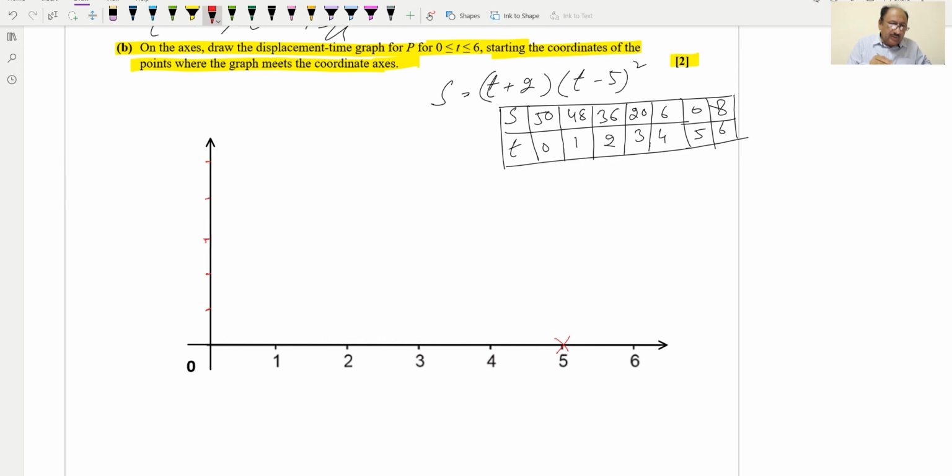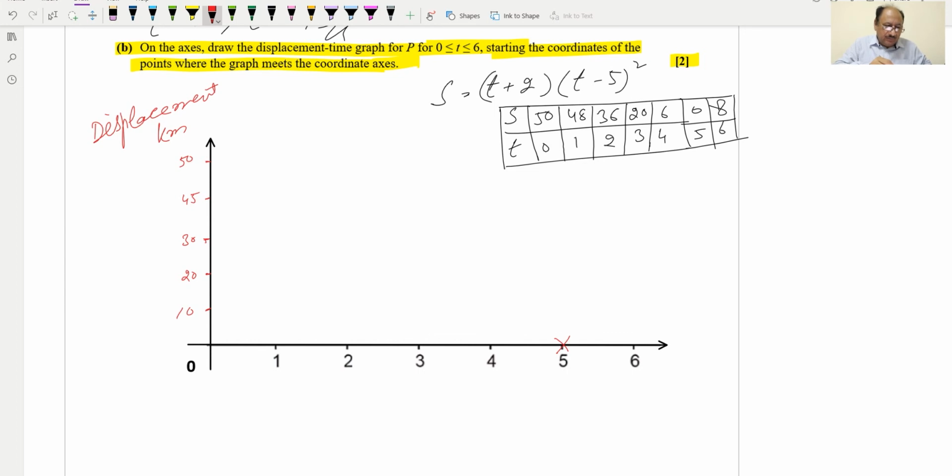We can take this as basically 10, 20, 30, 40, 50, and this side is displacement, and this will be in kilometers. So this one is 10.